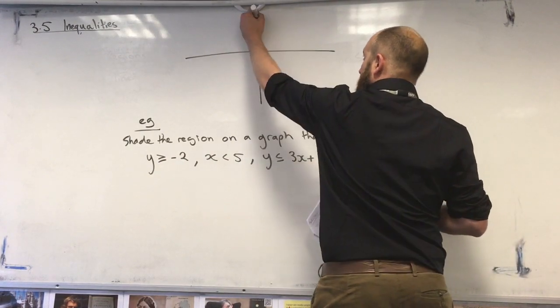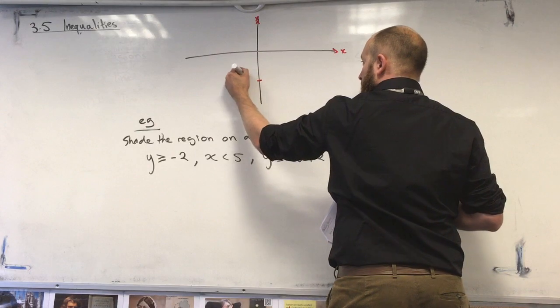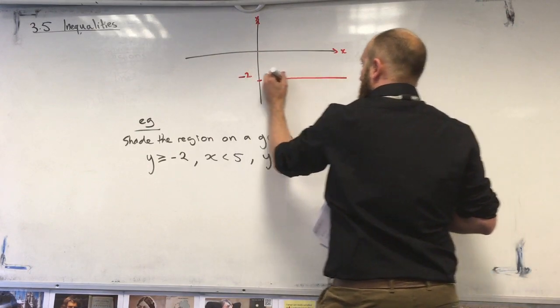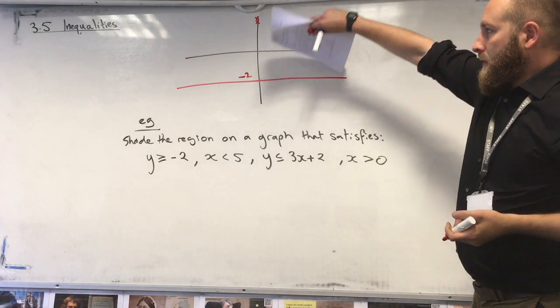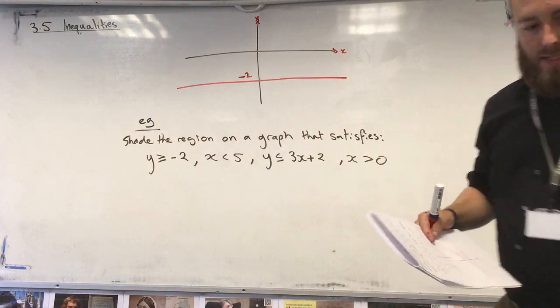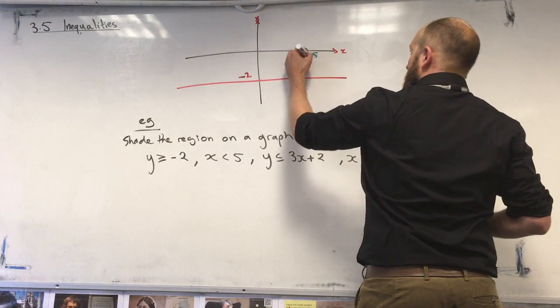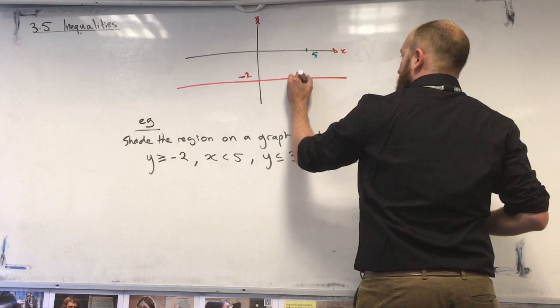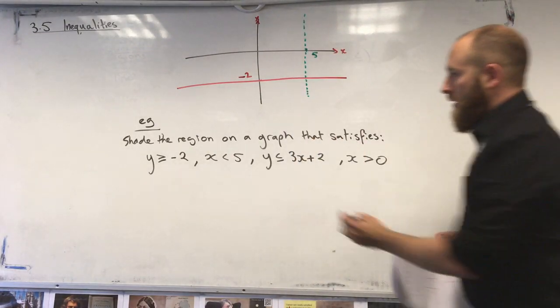So on the y-axis, find minus 2, and we're going to have a solid line there. y is greater than or equal to minus 2, so we're going to be shading things above this region. Next region, x is less than 5. So find 5 on the x-axis. And because it's less than, it's not being included, so we use a dotted line.